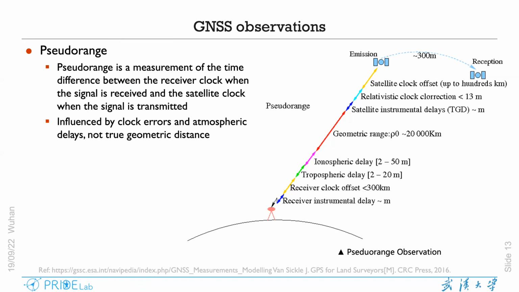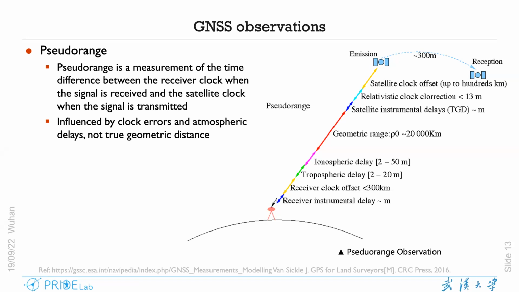There are 2 basic observations from GNSS. The first one is the pseudorange. From this name, you can see this is actually not the true distance between the satellite and the receiver. These observations are contaminated by the receiver clock errors as well as atmosphere errors.